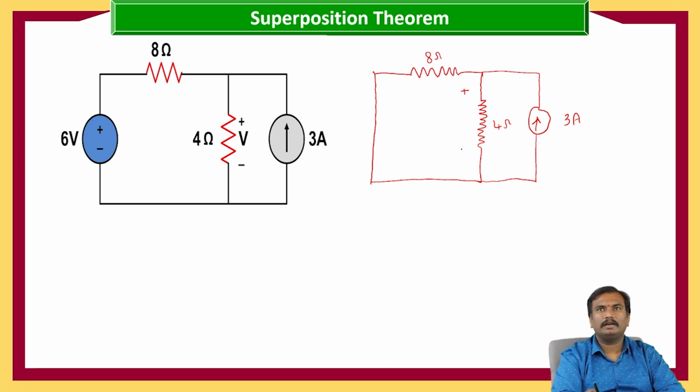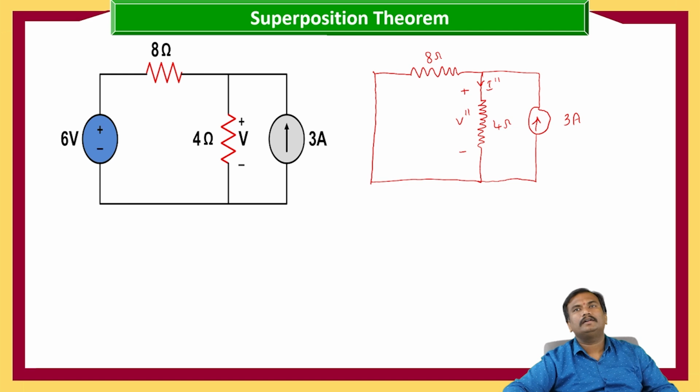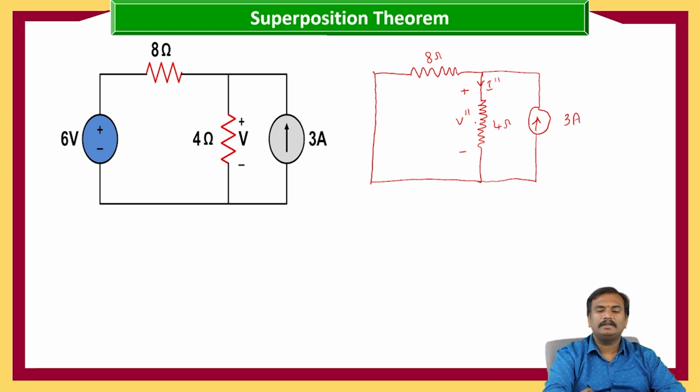Here we need to calculate V double dash, and let us consider this current as I double dash. In order to calculate V double dash, we need to calculate the I double dash first. The I double dash is the current flowing through the 4 ohms, and this 4 ohms and 8 ohms are connected in parallel.